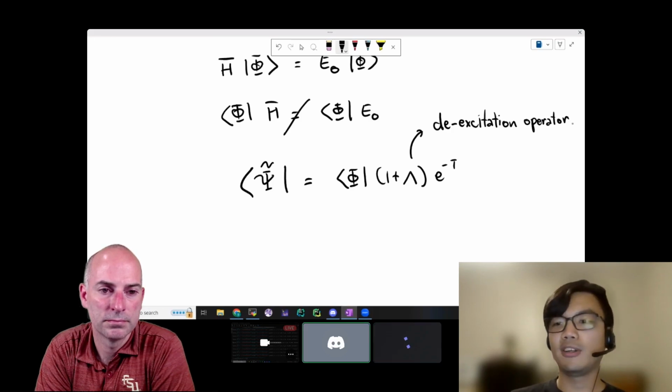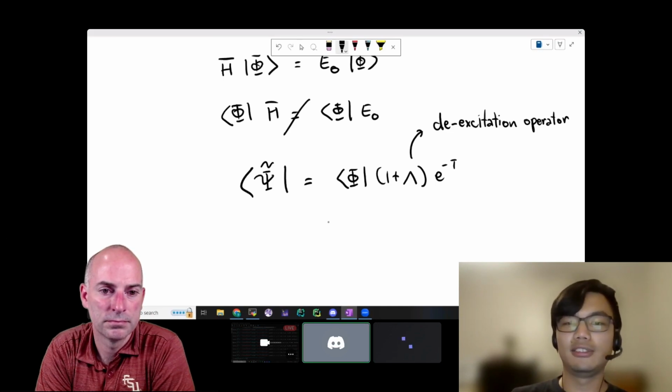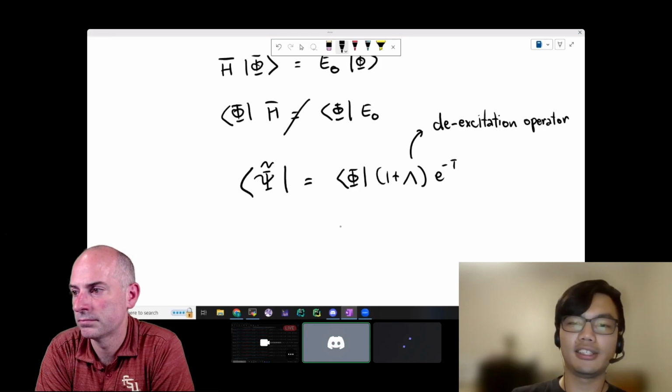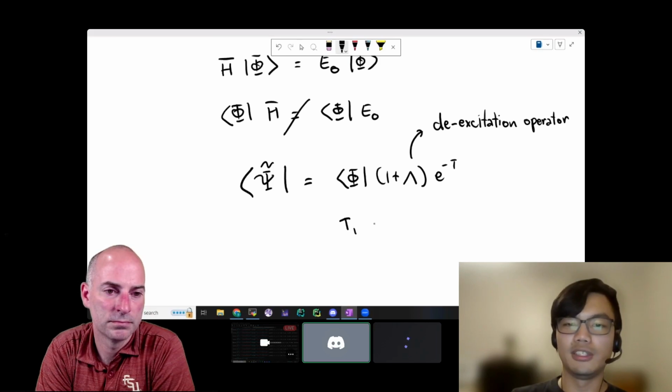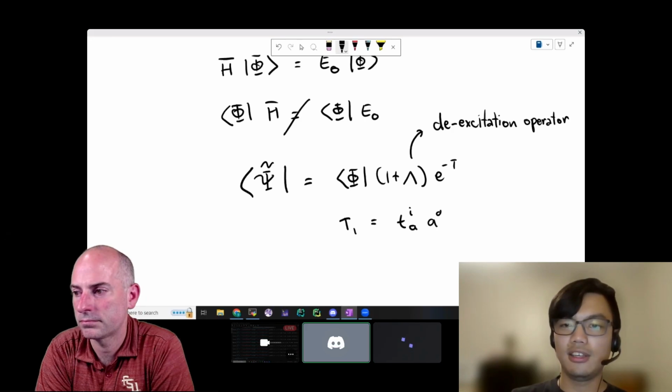And you might be wondering, why are we using the de-excitation operator? Well, if you write an excitation operator, let's say T1 is t_i^a a†_a a_i, and what is T1 dagger?